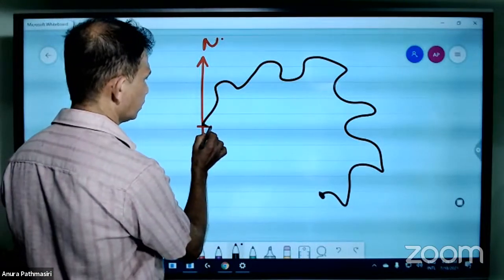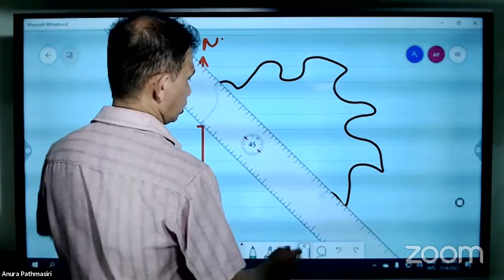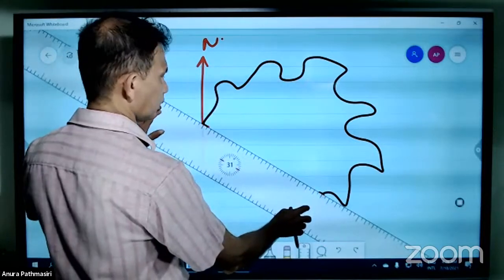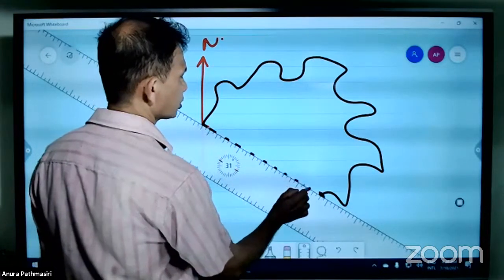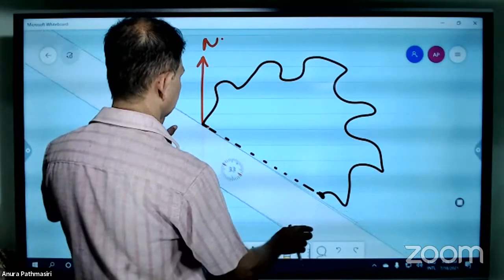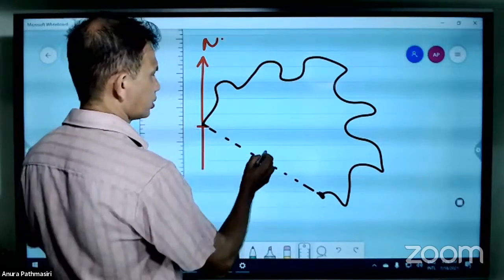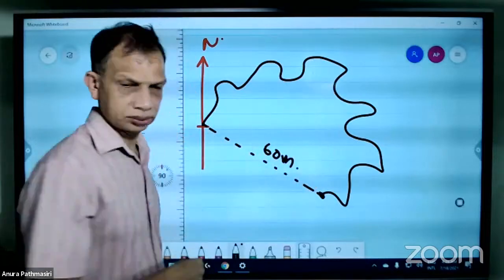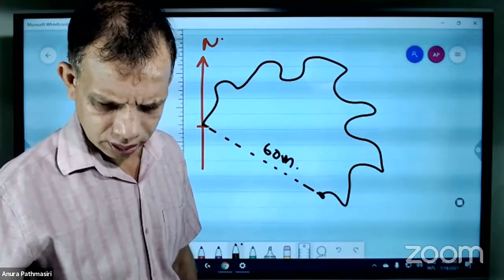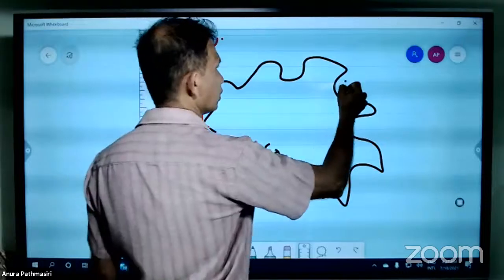And from the initial position to the final position, it says 60 meters. And the distance was 150 meters, right?